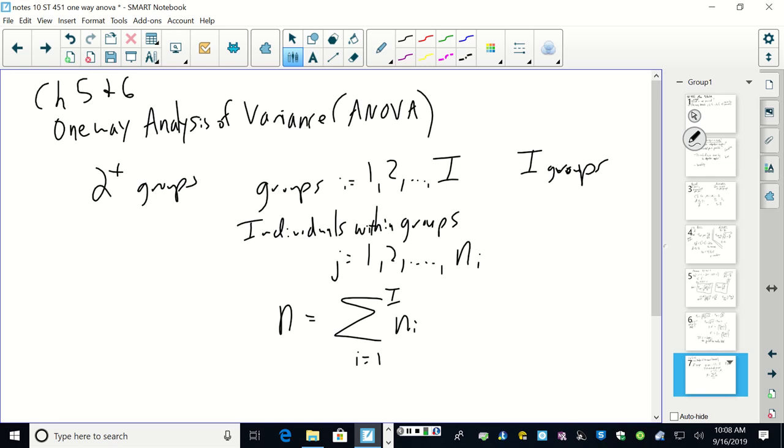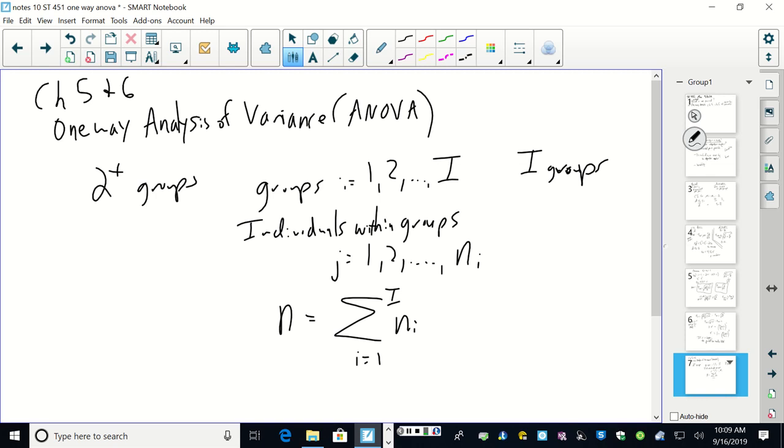Right? And people don't switch groups. We assume that the groups are well defined. Some people work on issues where people switch groups on you. There are some designs where you expose people to one treatment for a while, and they cross over and then get the other treatment, and you randomize which treatment goes first. There are other designs where people switch groups, but in this case, we're not going to do that.